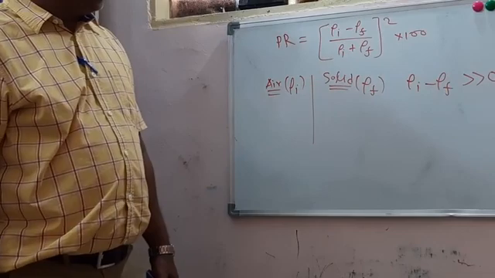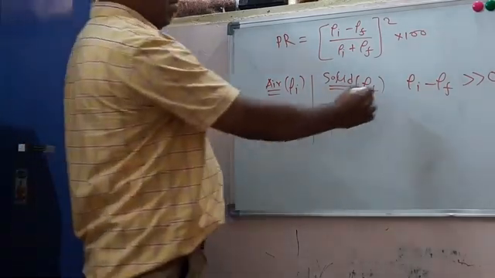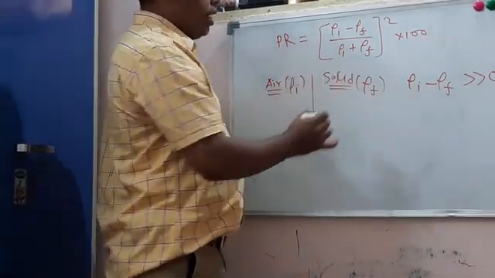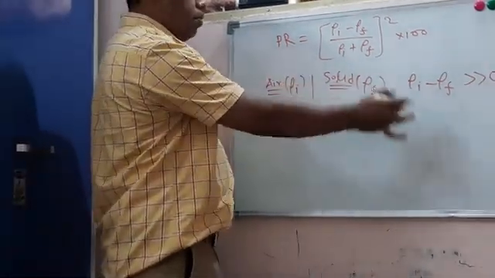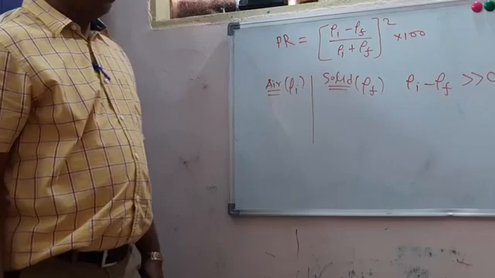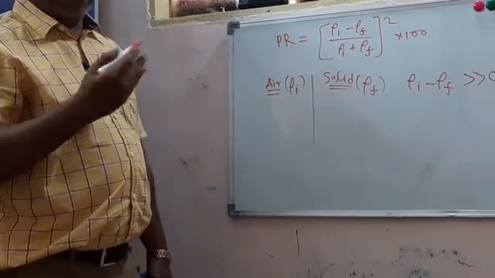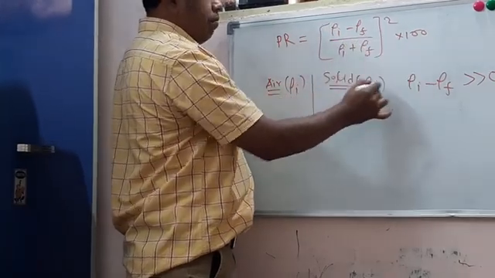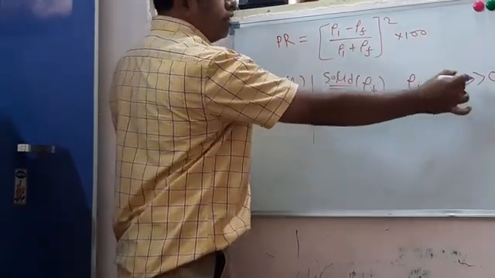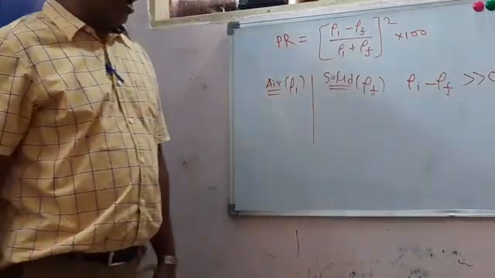So in this case, since the density difference is very high, most of the incident ultrasonic sound energy from the air medium to the solid medium will be reflected back. That is, percent reflectance will be very high when this difference is very high.